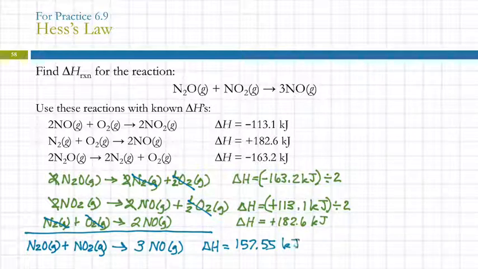That's 157.55 kilojoules. All of those had 1 decimal place, so this should be rounded to 1 decimal place. So the heat of reaction for this as written is 157.6 kilojoules. Any questions?